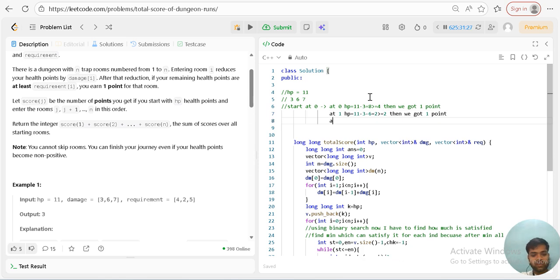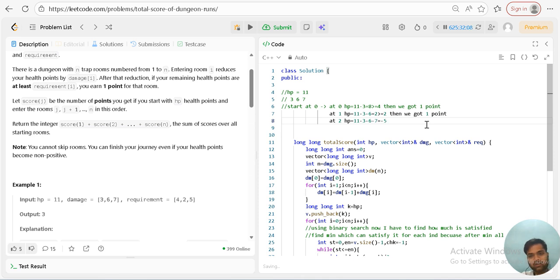Similarly at 2, HP is 11 minus 3 minus 6 minus 7, and this time it is 16 minus... sorry, 3 plus 7 is 10, so 16 minus 5.